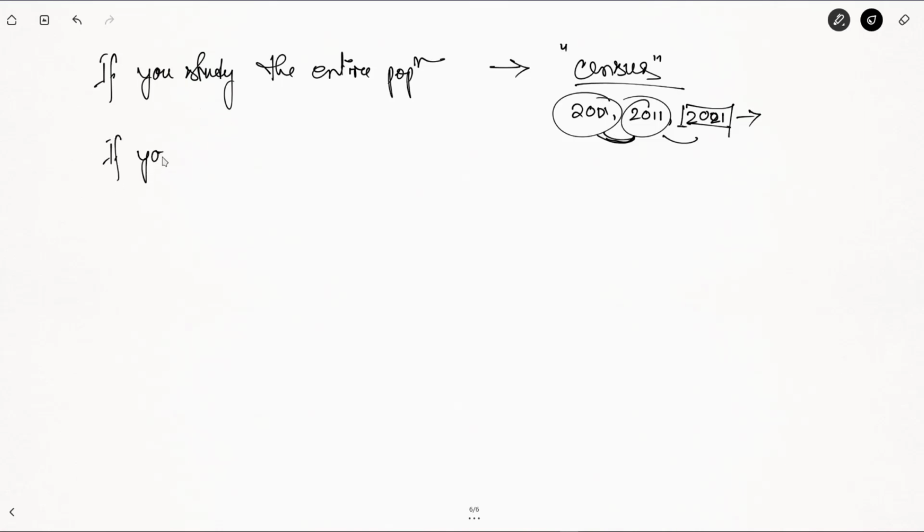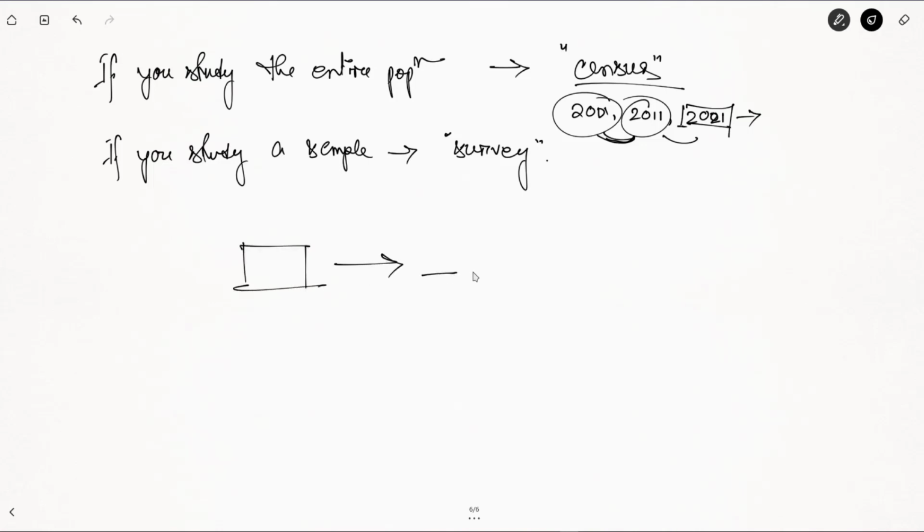So if you study a sample, then it is called a survey. That's why the name of the topic is sample survey, right? So our objective is, we will always take a sample, we will collect certain information on the sample, we will calculate certain characteristics which are called statistics, and based on these statistics we will guess about the parameter.